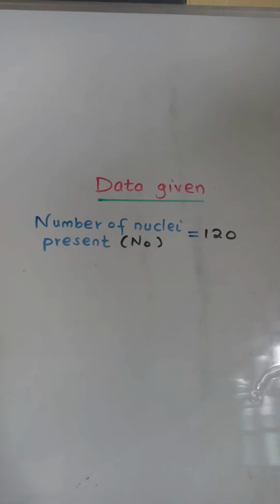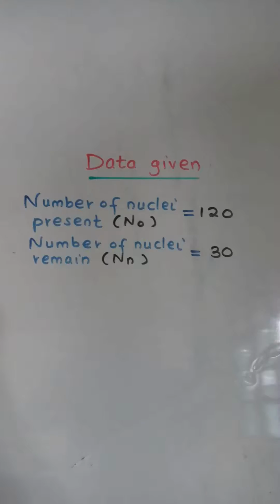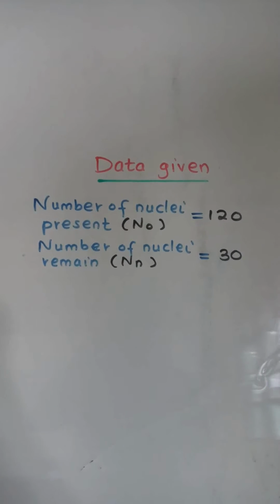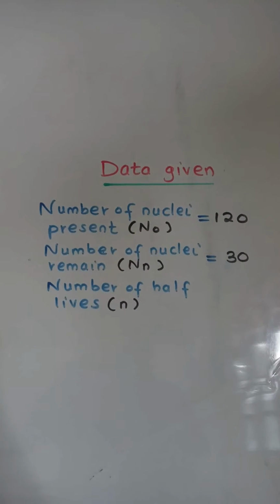Data given. Number of nuclei present is equal to 120. Number of nuclei remaining is equal to 30. Finding the number of half-lives. Solution.